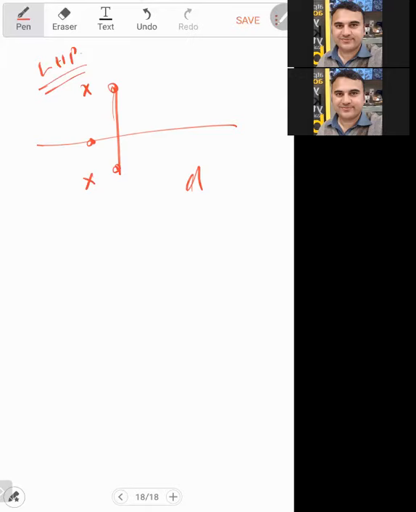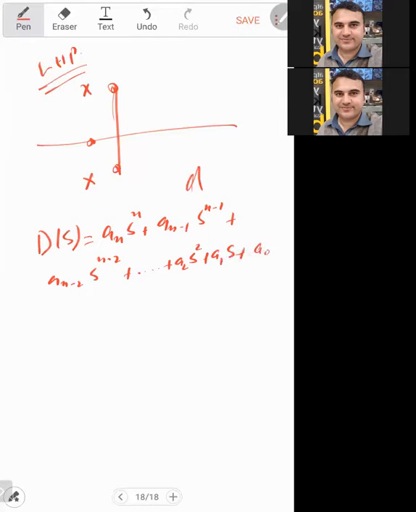So the polynomial will be written in the reverse order. How? For example, if we have the same polynomial, let's say a n s power n plus a n minus 1 s power n minus 1 plus a n minus 2 s power n minus 2 plus, and so on, a 2 s squared plus a 1 s plus a naught.